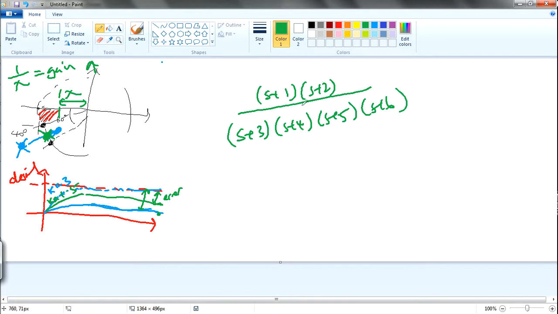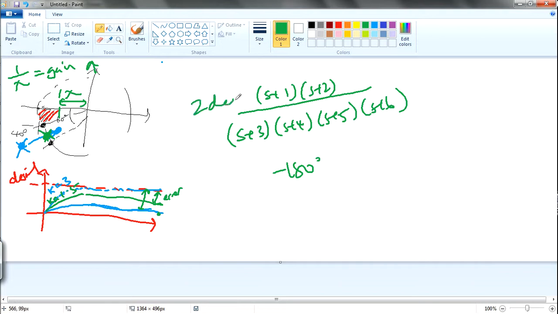Let me ask you a question. What will this phase angle be? It's pretty easy, right? It's actually negative 180 degrees. Straightforward. You just need to memorize how many orders there are. There is a fourth order, as you can see, there are 4 factors in the denominator, and there are 2 at the top.